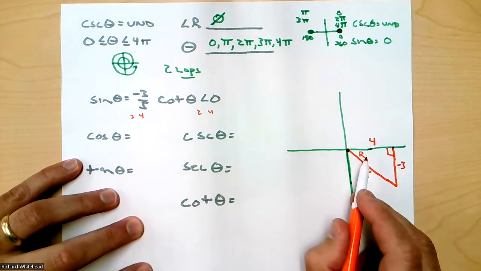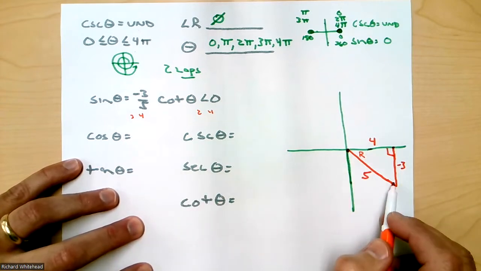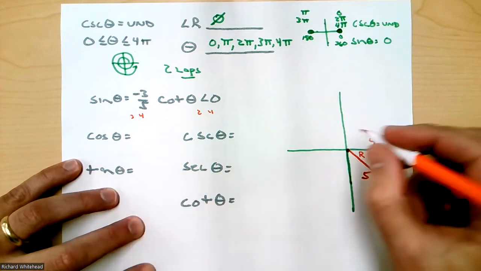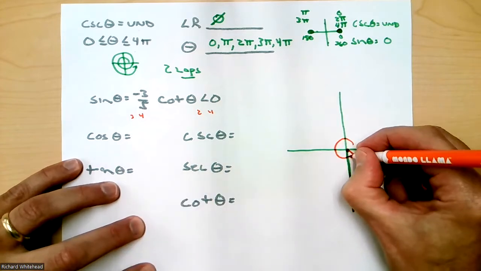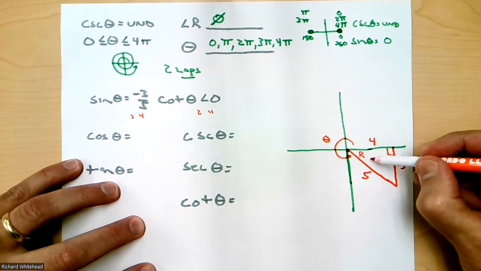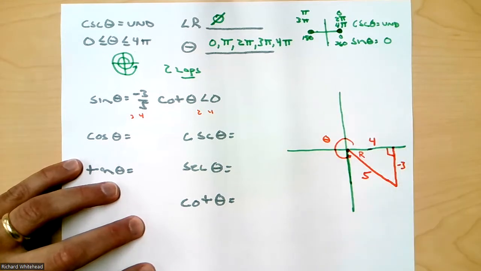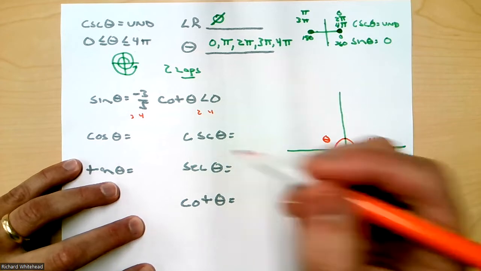I know you're saying, but it's the reference. But remember, we use the reference angle to make the triangle that goes with the actual angle. I realize our actual angle could be this guy, or somebody says your actual angle could be negative, whatever this is. But we use the reference angle to actually make the triangles.